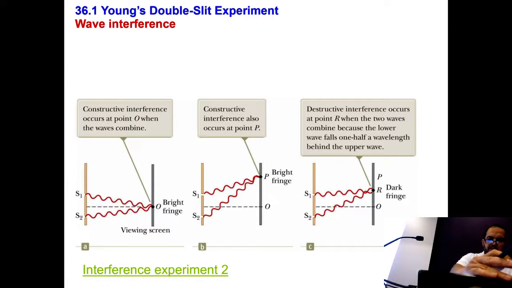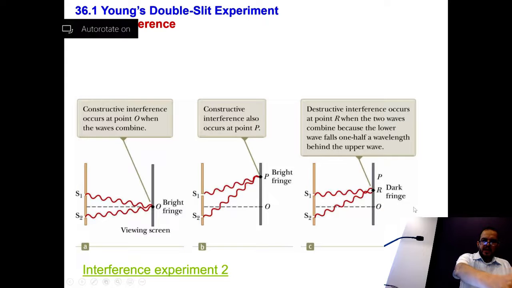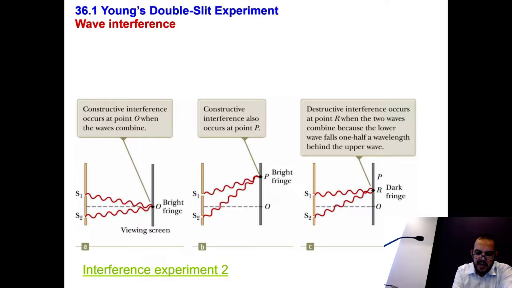If you are at a point O, originally at point O here, you can see that the waves are arriving at the same time, in phase. So the amplitude of wave 1, let's call this wave 1, this is wave 2. When they arrive here at the same time, that's why we have maximum intensity, because there is constructive interference.